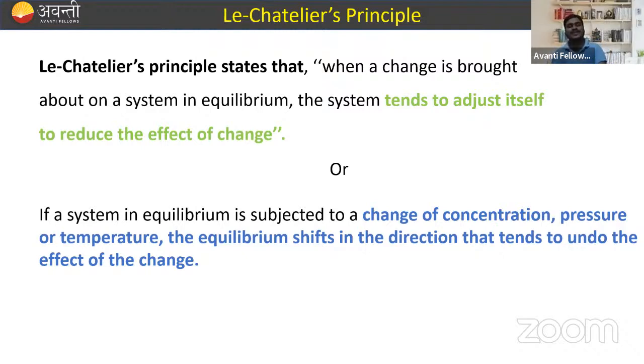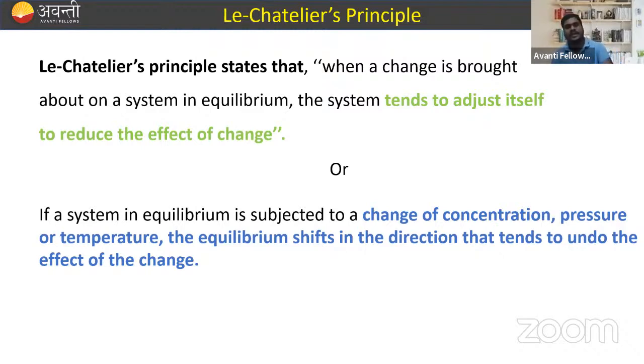The Le Chatelier principle states that when a change is brought about on a system in equilibrium, the system tends to adjust itself to reduce the effect of the change, right?